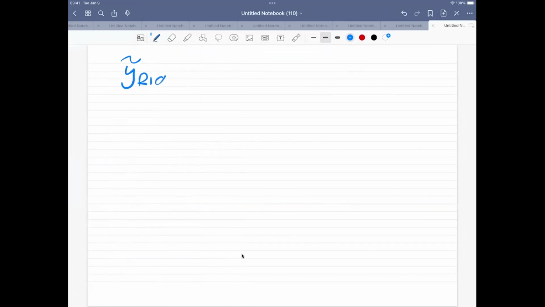This is the model we have made, which is given by x multiplied with x transpose times x plus lambda times the identity matrix, inverse, x transpose times y.